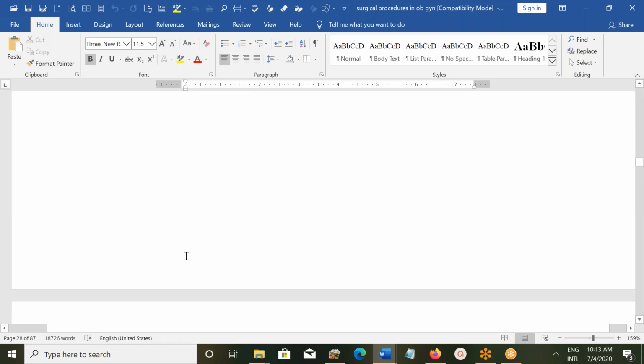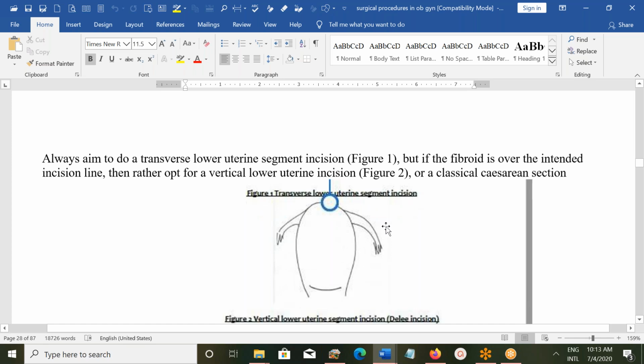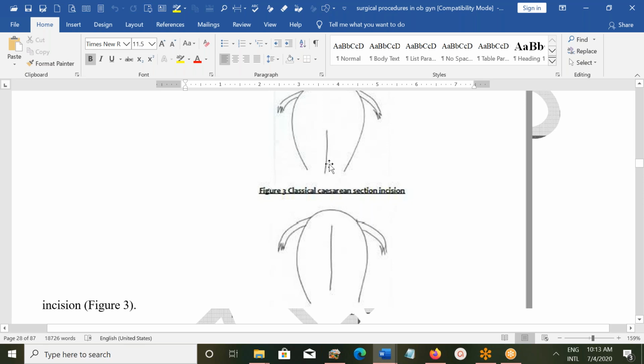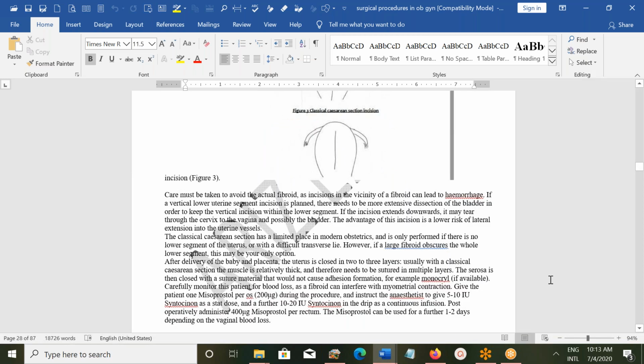So what is the procedure if you have such a fibroid at the incision site? Always aim to do a transverse lower uterine segment incision. But if the fibroid is over the intended incision line, then you should opt for a vertical lower uterine incision, or you can go for a classical cesarean section, because you don't want to cut through the fibroid.